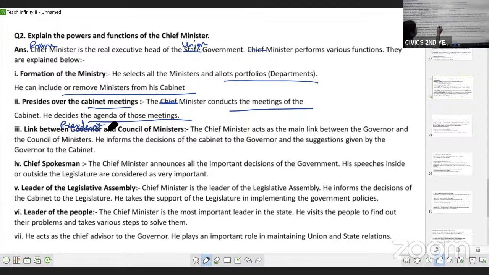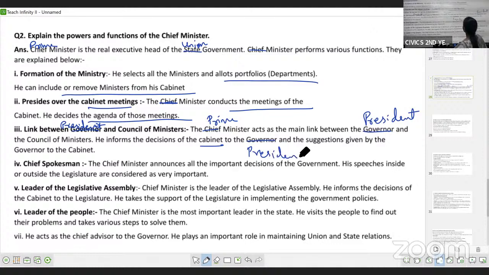The Prime Minister acts as the main link between the president and the council of ministers. He informs the decisions of cabinet to president and suggestions given by the president to cabinet.